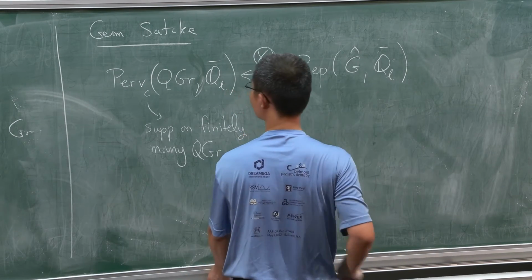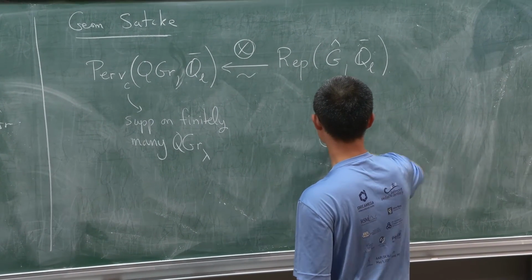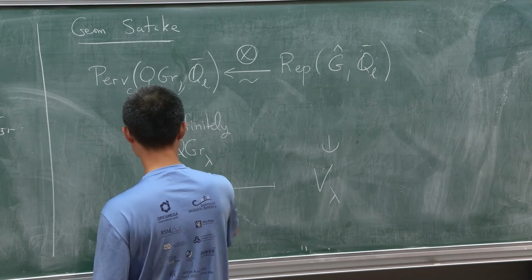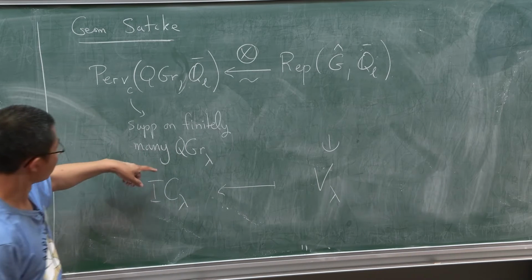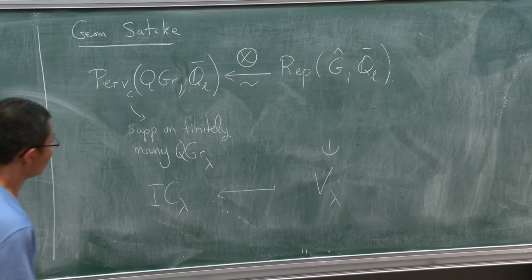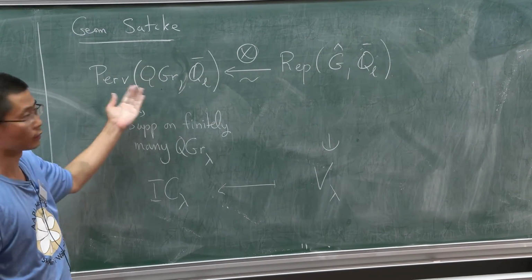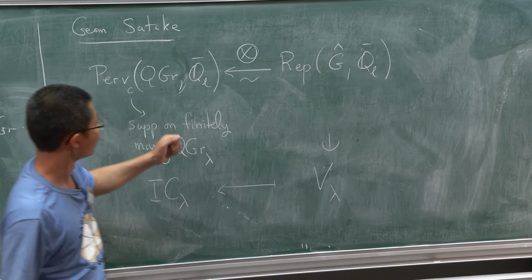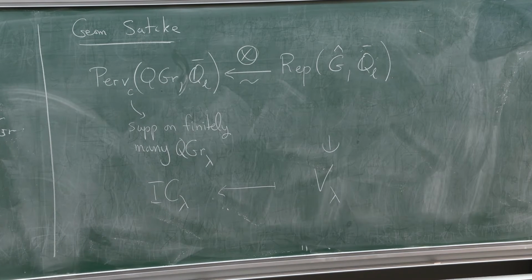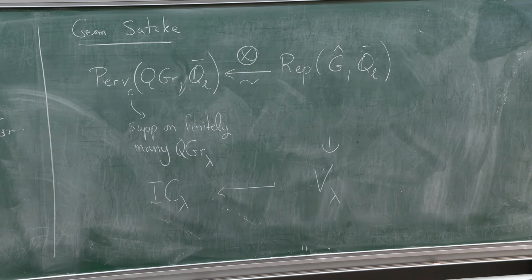This would turn out to be an equivalence of tensor categories that sends the irreducible representation with highest weight lambda to the IC sheaf in the closure of Q Gr lambda. I didn't talk about how to make this into a tensor category and why this functor is a tensor functor. All those deserve another 3 lectures, maybe.